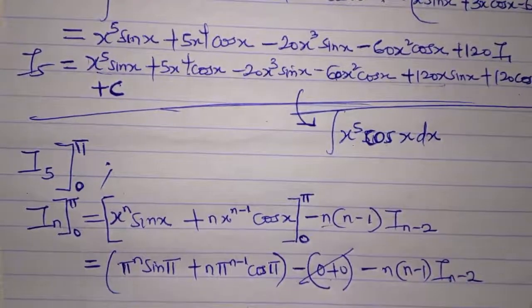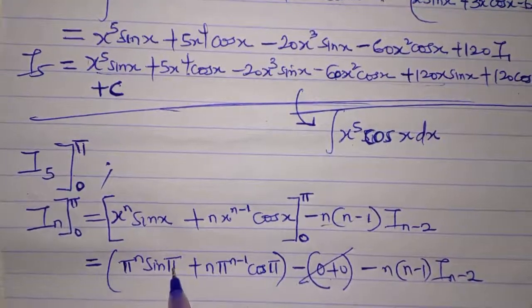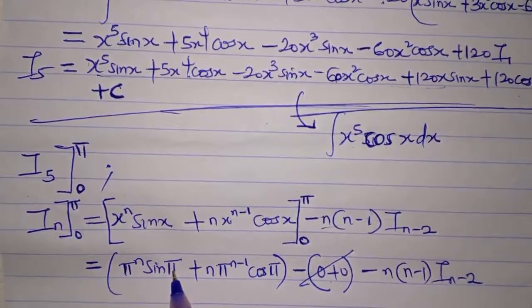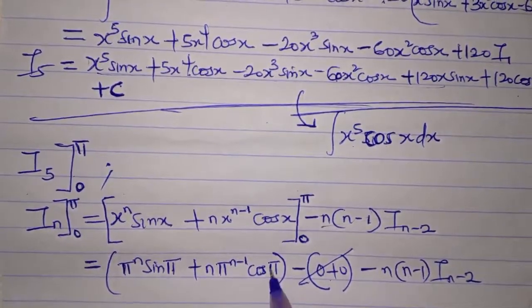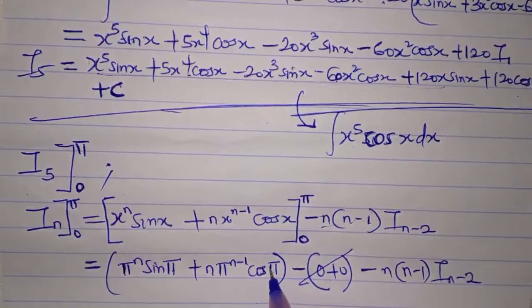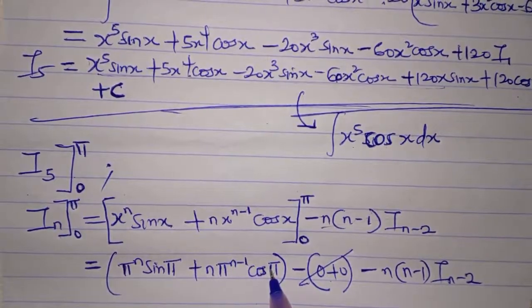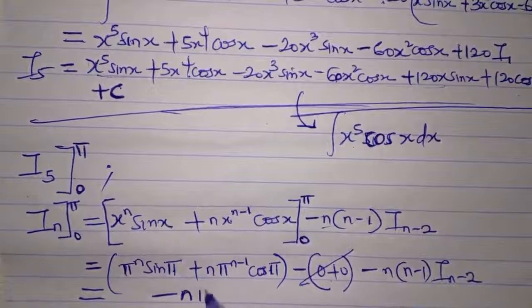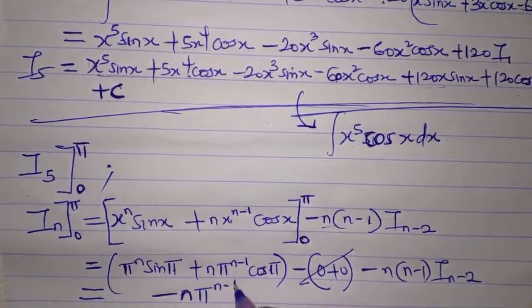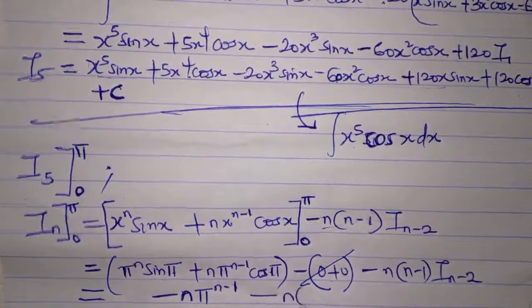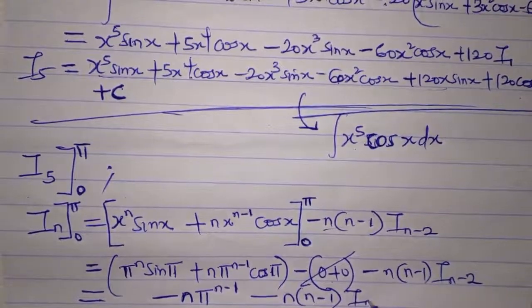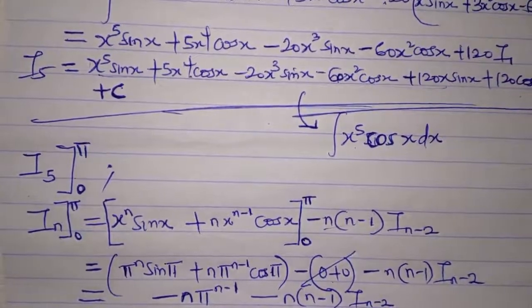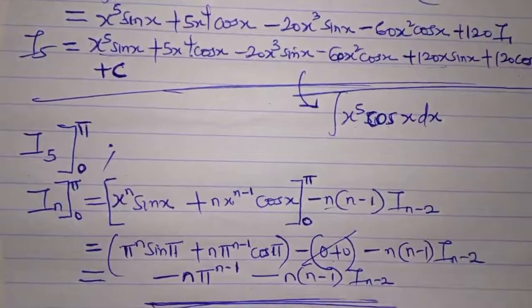This one is out. Sine 180 degrees is 0. Cos 180 degrees is minus 1. So this will be minus n pi to the n minus 1 minus n into n minus 1, I sub n minus 2. This is the reduction formula for that particular integral.